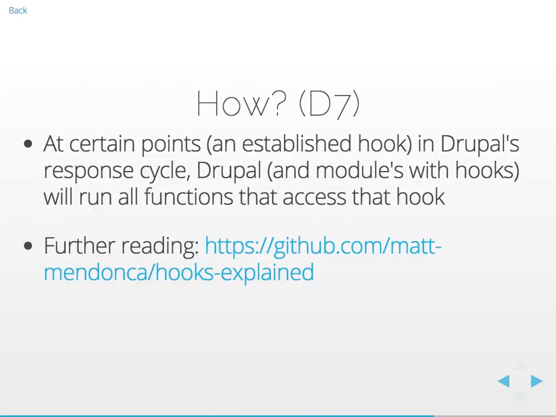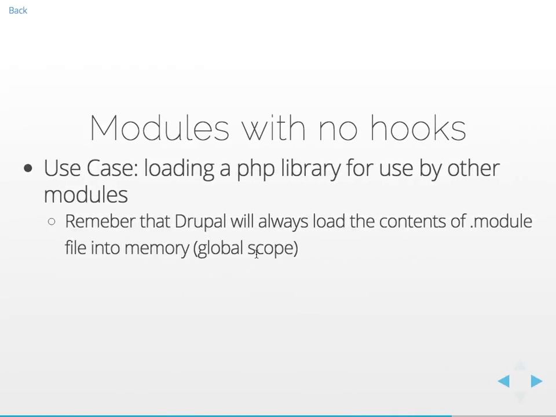So at certain points, at established hooks, modules can say, I have a function, and Drupal or other modules will call all those functions. I actually have a Drupal 7-like hook example on GitHub that works through the low-level mechanics, if you're very interested. Okay, there's an edge case here, particularly with D7: modules with no hooks.